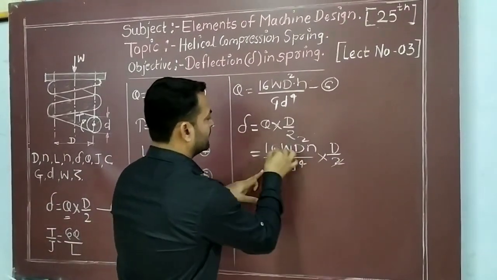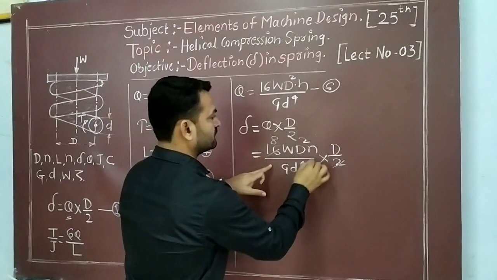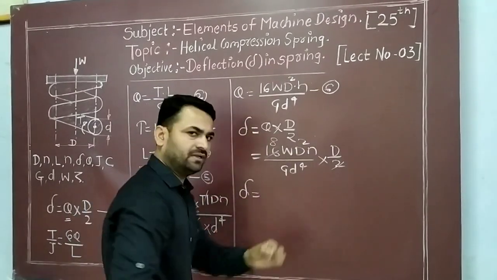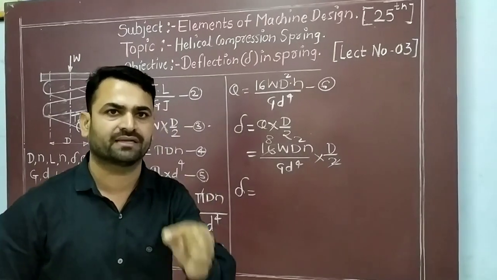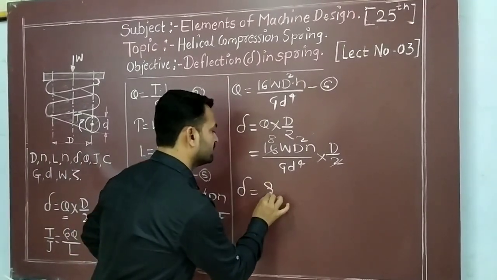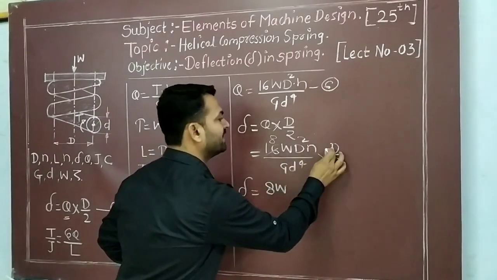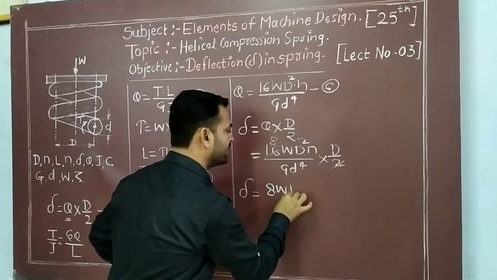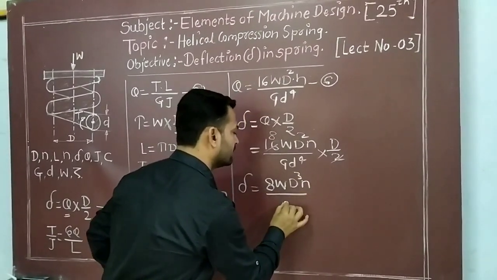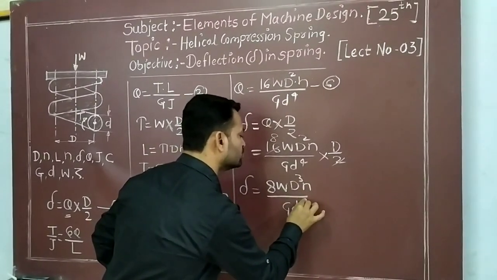See here, it will be 8, and here it will be D cube. So the final deflection in the helical compression spring, we are at the end of this lecture, will be 8 W D cube N divided by G d raised to 4.